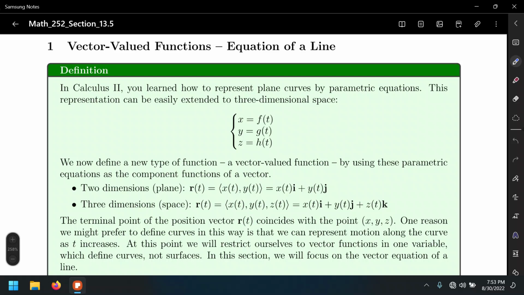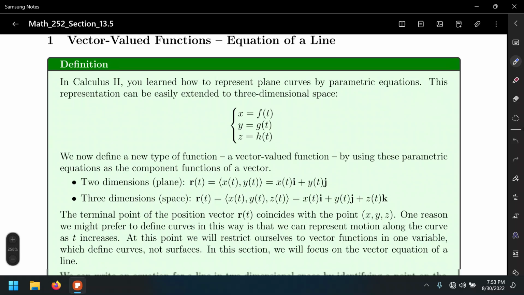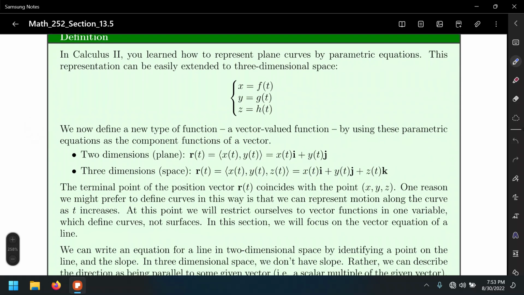In fact, when we define them as functions, as the pattern or the path of a particle over time, the particle is never in the same place. It's never in 2 places at the same time. Well, so those were parametric equations.